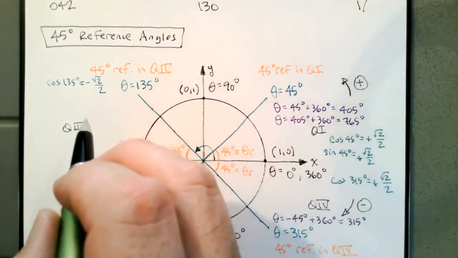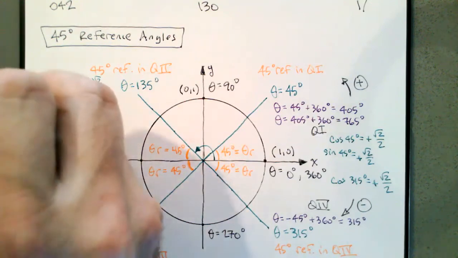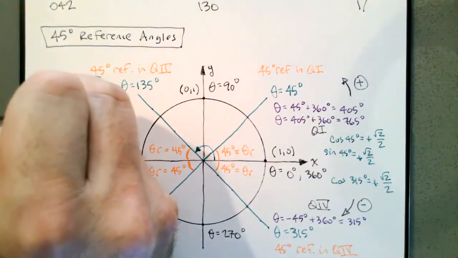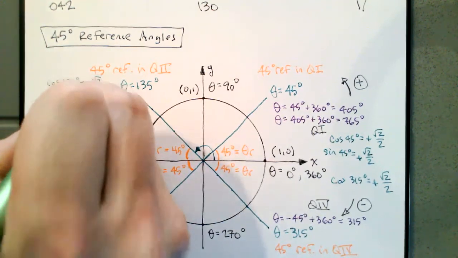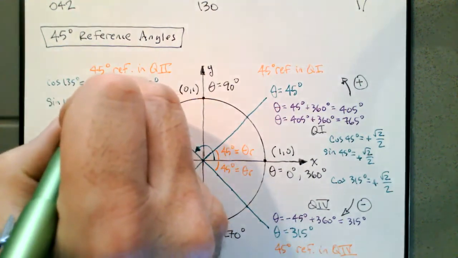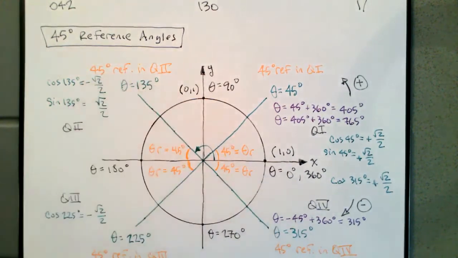Going around to quadrant 2, if I want the sine of 135, it has a 45-degree reference angle. Sine of 45 is root 2 over 2. We get the value from the trig function and the reference angle, and sine is positive in quadrant 2. So sine of 135 is positive root 2 over 2.